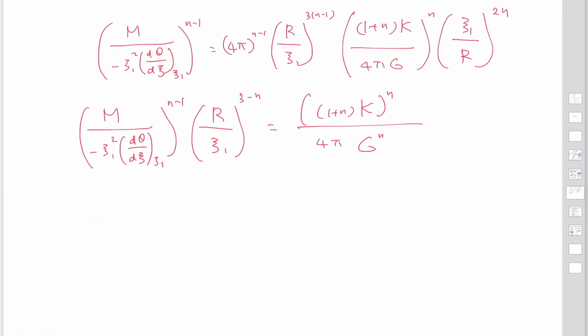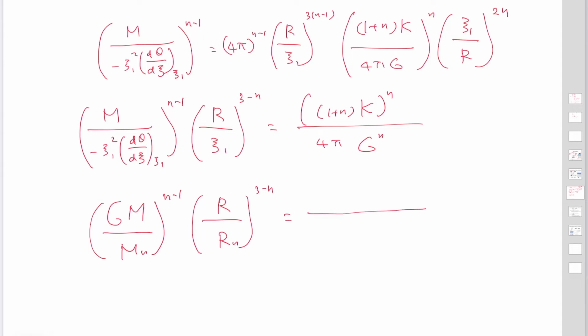Use M sub n, R sub n. Then it becomes GM over M sub n to the n minus 1, r over R sub n to the 3 minus n, equals 1 plus n, K n, 4 pi G. So we derived this equation.